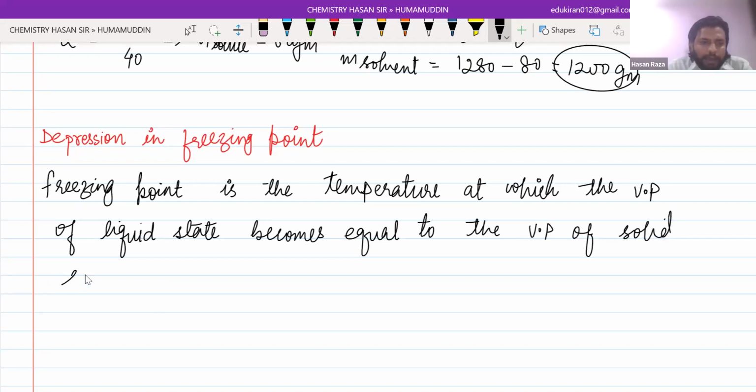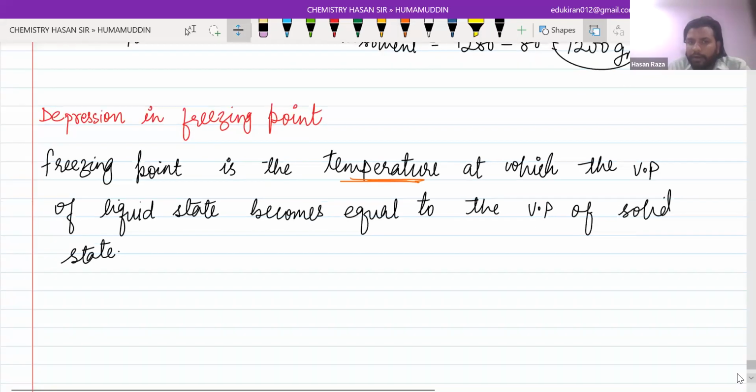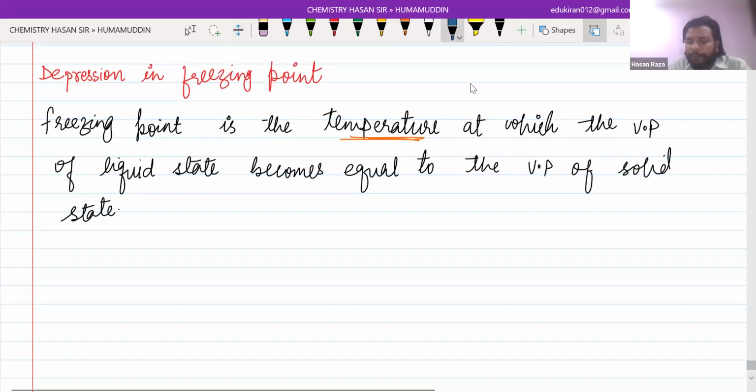So basically, the temperature at which vapor pressure of liquid state will be equal to the vapor pressure of solid state, that temperature will be your freezing point. So whenever you add a non-volatile solute in a volatile solvent, there will be depression in freezing point.